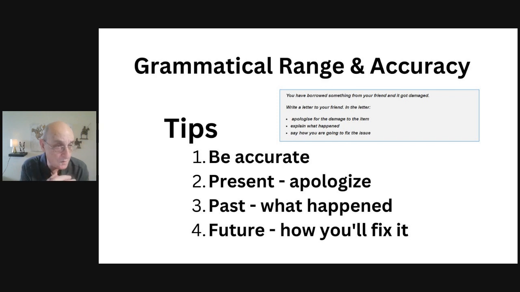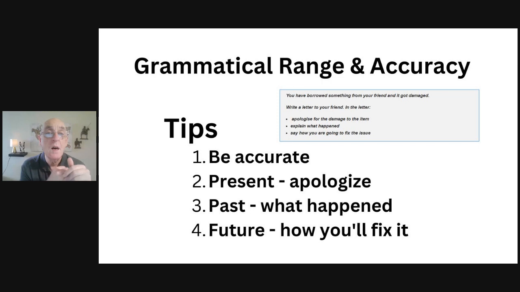Now, let me just give you another aspect of grammar that's so important, and it's making sure that you use the right grammar tenses. So, for example, it's clear in here when I look at the prompt, apologize for the damage, explain what happened, and say how you're going to fix it. These 3 bullet points clearly represent 3 grammar tenses.